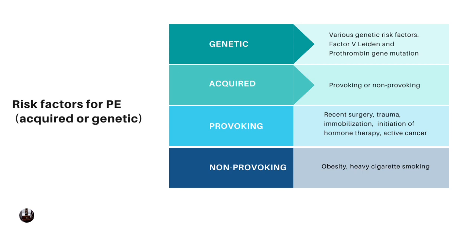For acquired risk factors, we're talking about provoking and non-provoking factors. The provoking factors include recent surgery, trauma, immobilization, use of hormone therapy, and active malignancy. For non-provoking, we have obesity and heavy cigarette smoking.